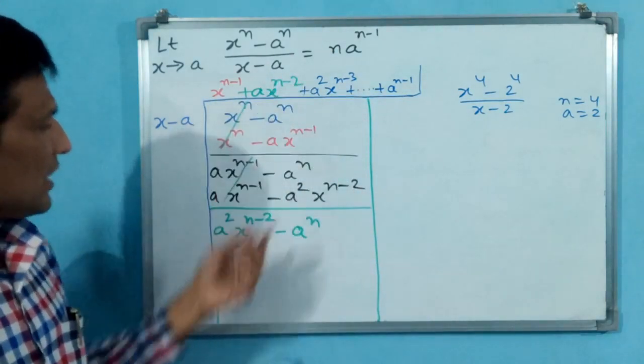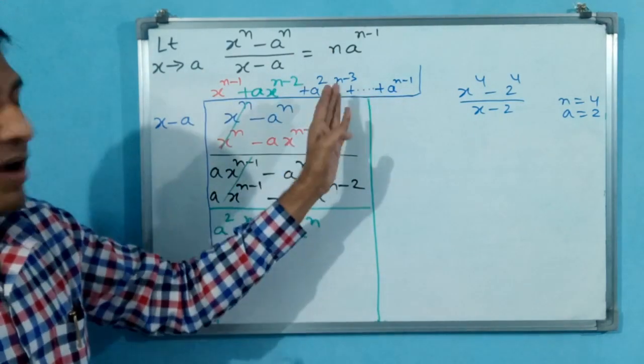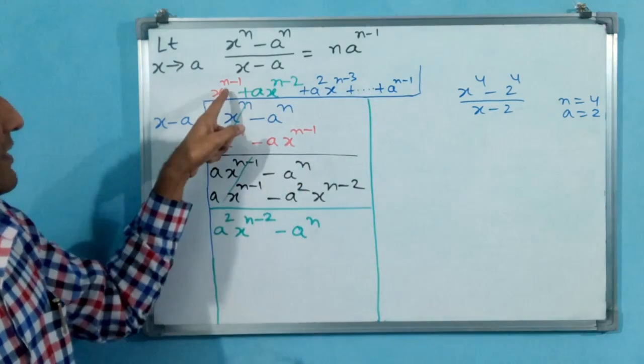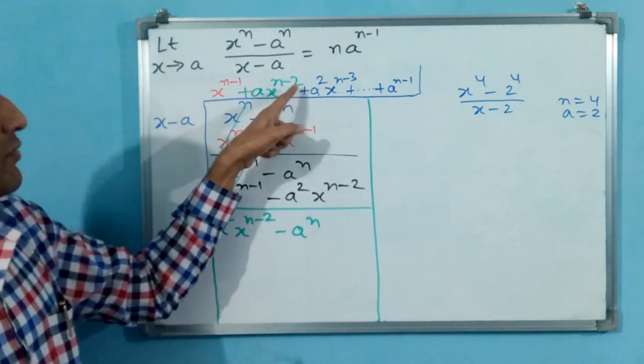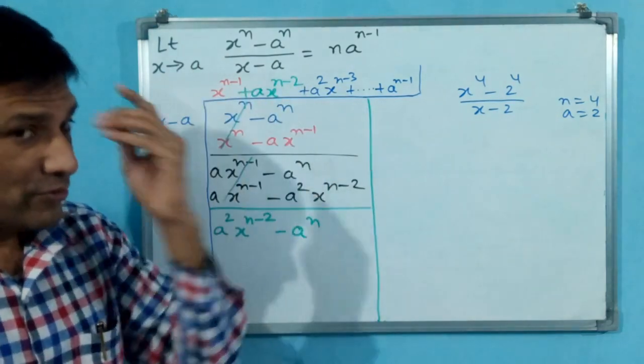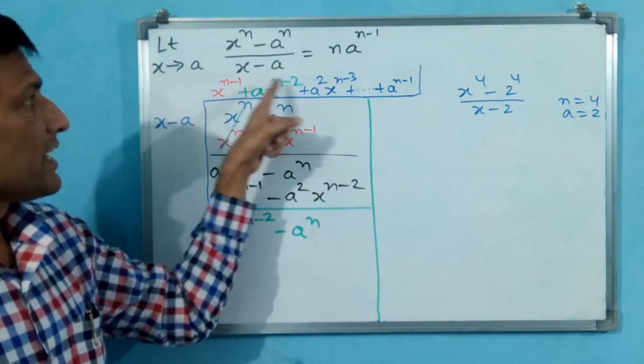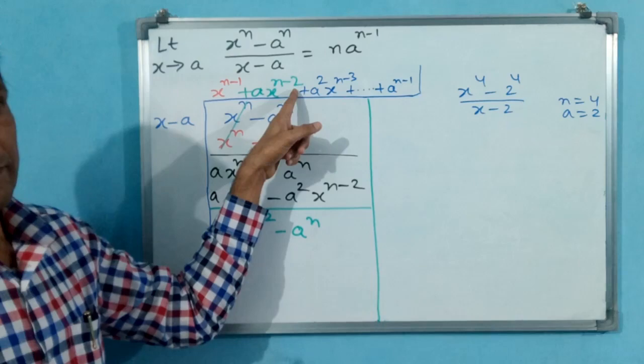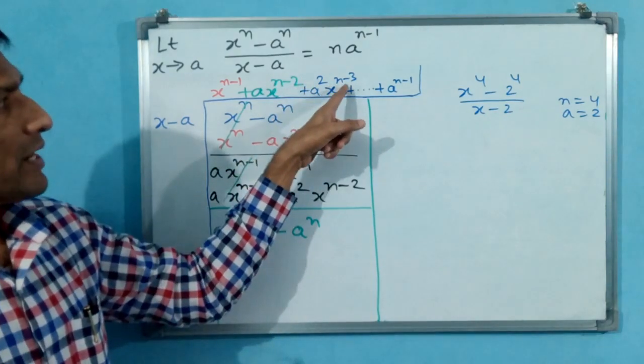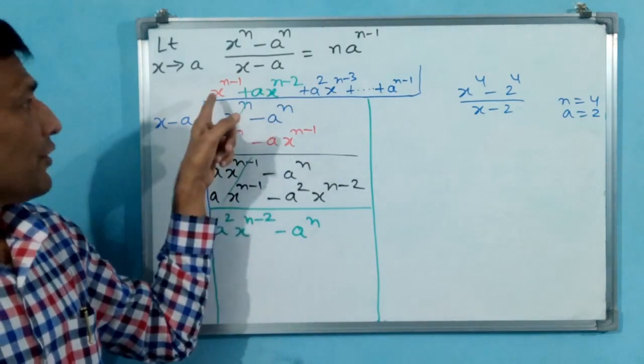Now you need not do this one also. Why? Because we have seen what is going to happen. X power n minus 1, x power n minus 2, x power n minus 3 goes on, it reduces. Why? Because n minus 1 is greater than n minus 2, greater than n minus 3. A is increasing.